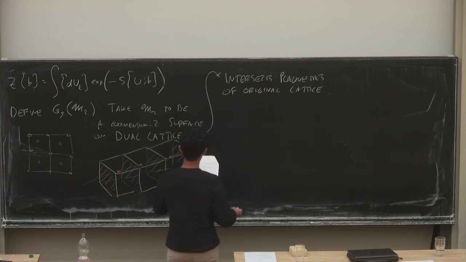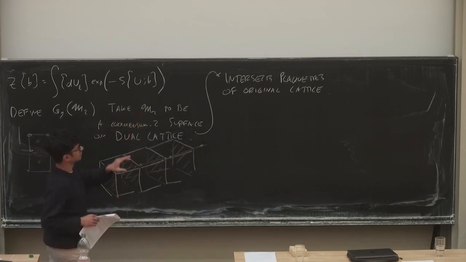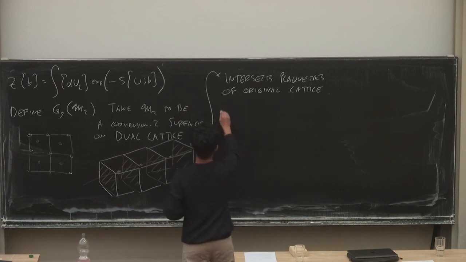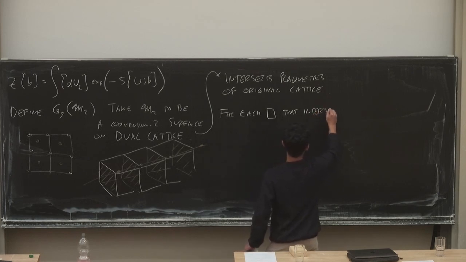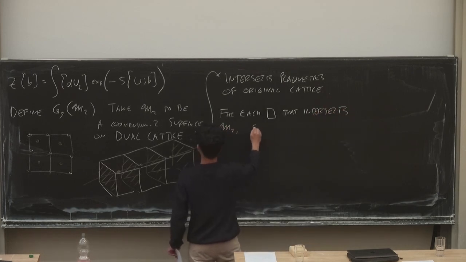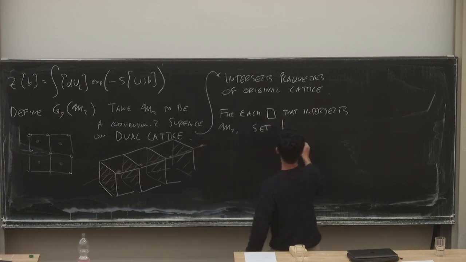To define the operator, you take M2 to be this surface that intersects plaquettes. And now, for each plaquette that intersects M2, set B sub plaquette equal to g.